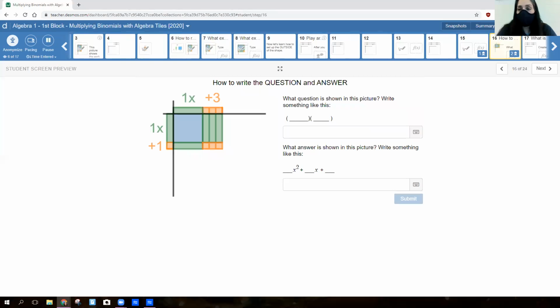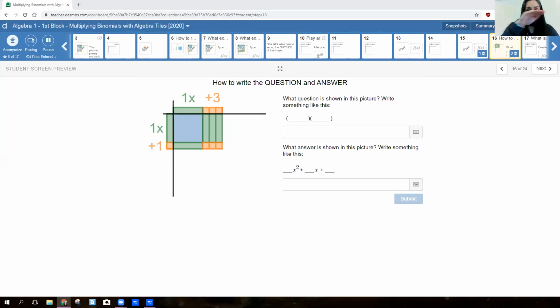And now it's getting a little bit more interesting. So what question is shown in this picture? I want to know, what are we multiplying by? That's what you need to put in the first box. What are we multiplying by? Remember, the two binomials are represented by the top and the side of the box.